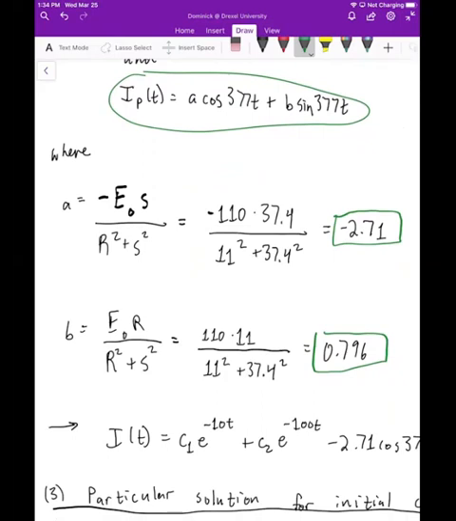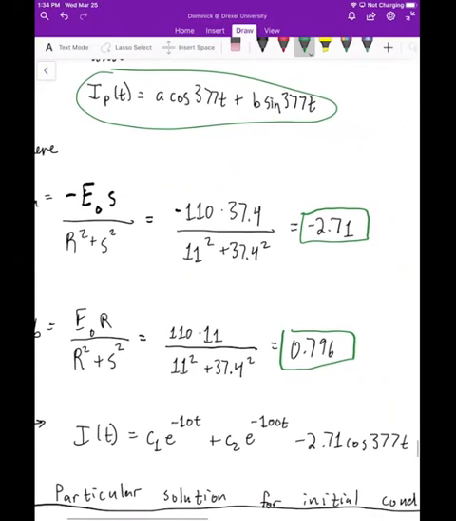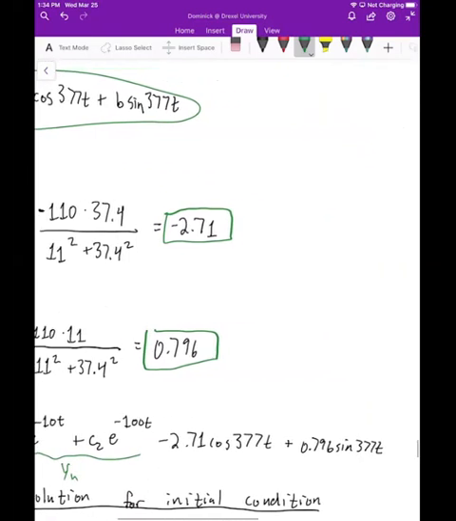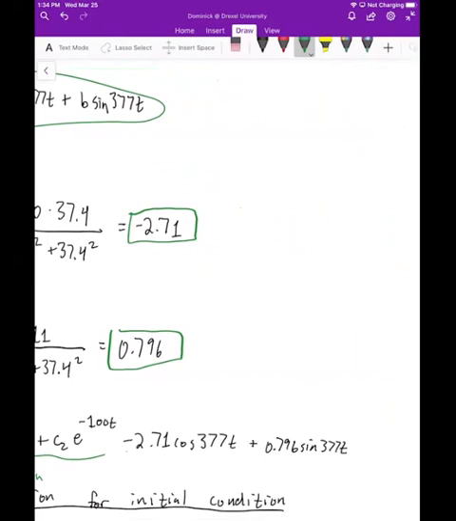Right? So then what does that mean? Well, that means that our general solution is given by our homogeneous solution plus our particular solution that we found with the undetermined coefficients method.